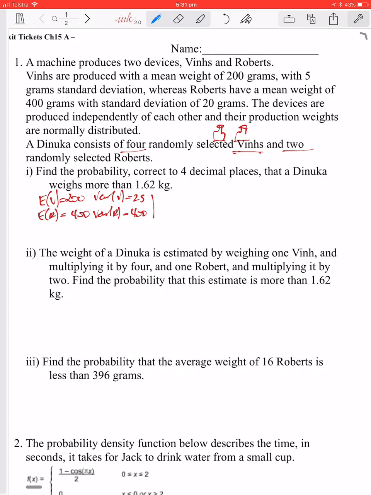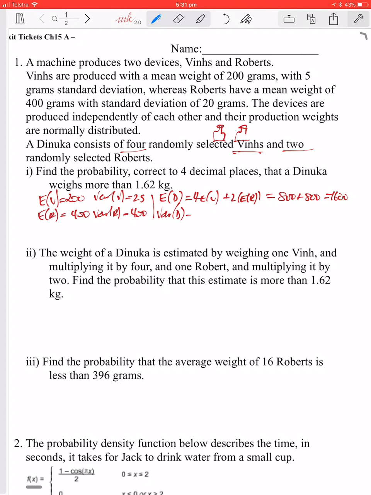If I want to work out the expected value of a Danuka, so let's say E of D, that's 4 times my expected value of VINs plus 2 times my expected value of Roberts, which is 4 times 200, 800, plus 2 times 400, 800, so it's 1600.